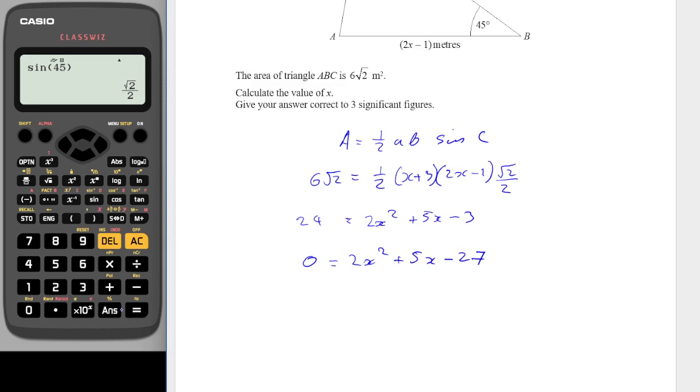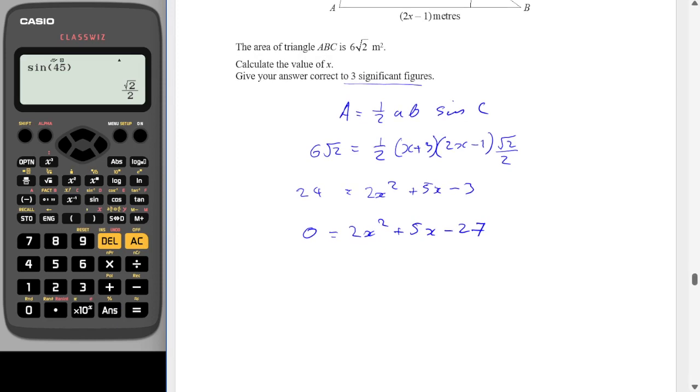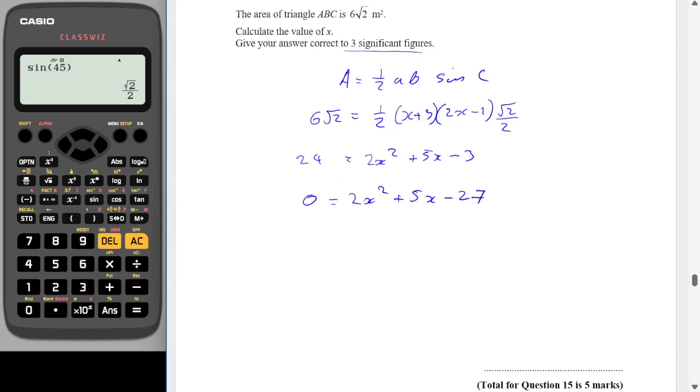Hint in here is that it's not going to factorize, so I've got the choice of either completing the square or substituting into the formula. I'm going to complete the square just because that's my preferred method. So I'm going to say that 0 is going to be equal to 2 open bracket x plus 5 over 2.